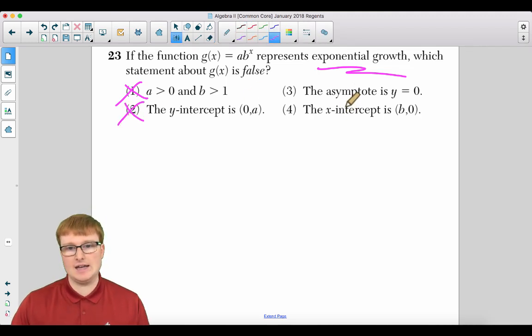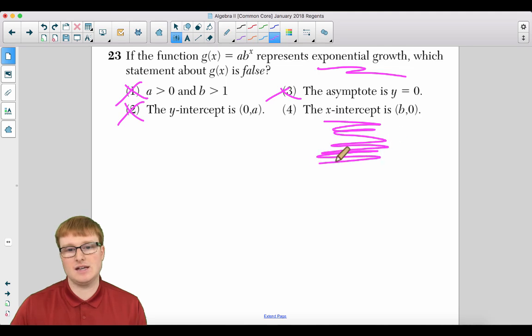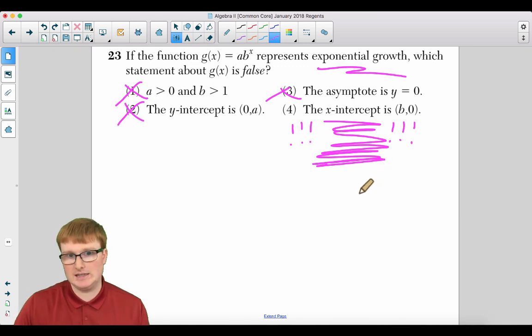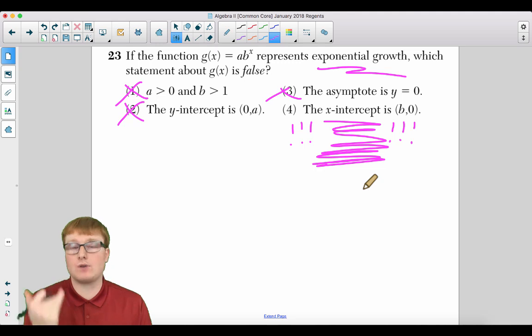Choice 3. The asymptote is y equals 0 all the time. Yes, for this case, yes. Choice 4. The x-intercept. I don't even care what the x-intercept is. That is not okay. This is a no-no. Since when does an exponential growth function, where it has absolutely no vertical shift, have an x-intercept?